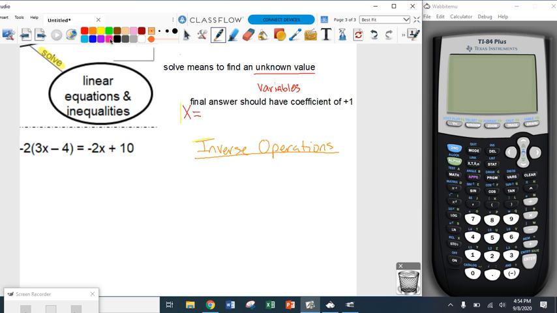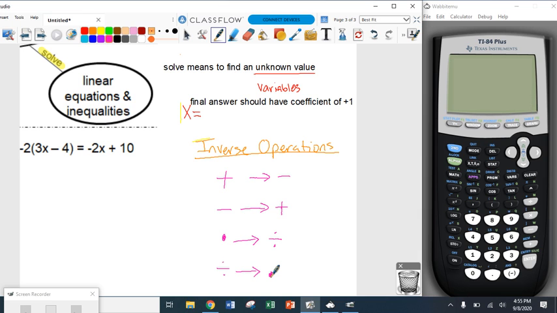So think of this as addition, subtraction, multiplication, and division. There are my 4 operations. Now I need to think, what are the opposite of each of these operations? The opposite of addition is subtraction. Likewise, the opposite of subtraction is addition. What is the opposite of multiplication? The opposite of multiplication is division, and the opposite of division is multiplication.